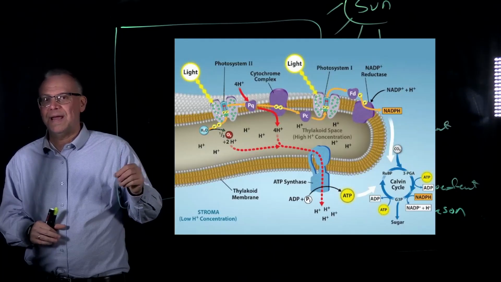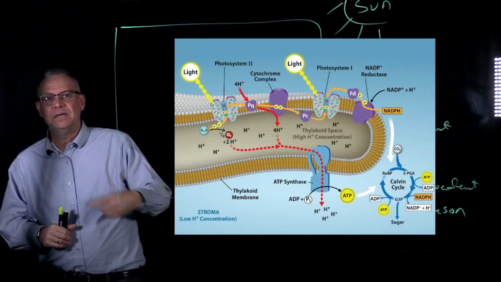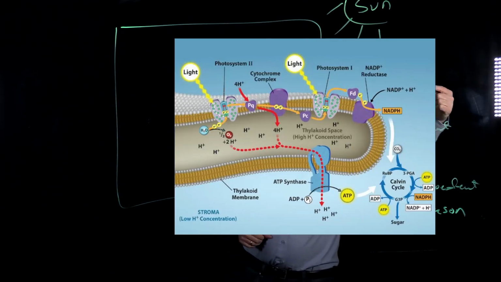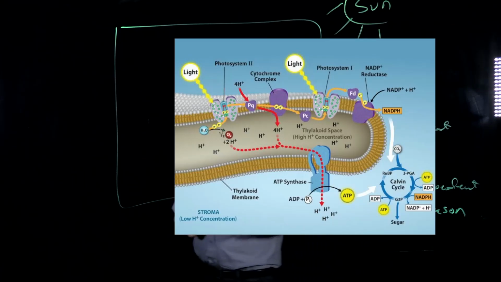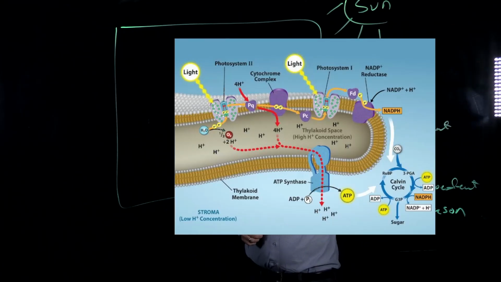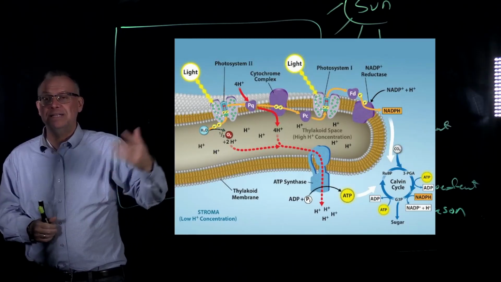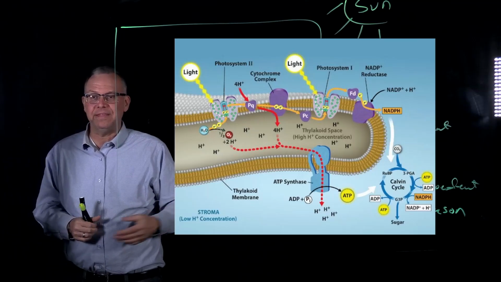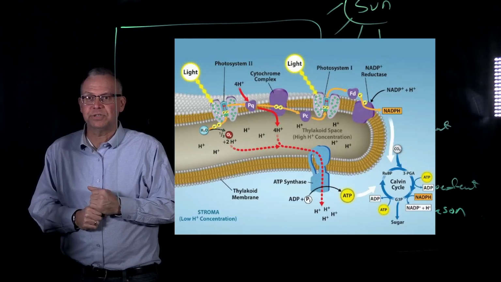They get hit by light again, and they bounce up to actually ultimately get placed over here into that molecule of NADPH. And as you can see over here and from down here on the bottom, both the ATP and the NADPH are then sent over to the Calvin cycle, aka the Calvin-Benson cycle, where they're going to get used to actually make some sugars.